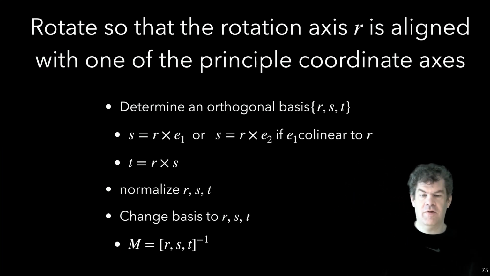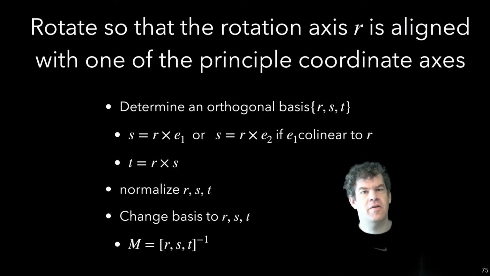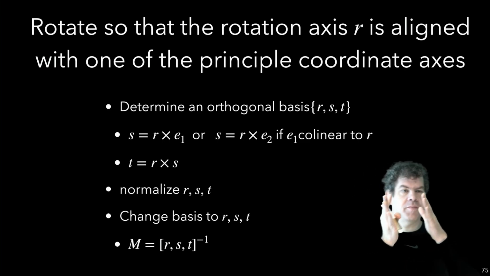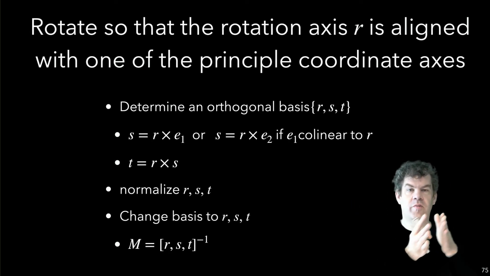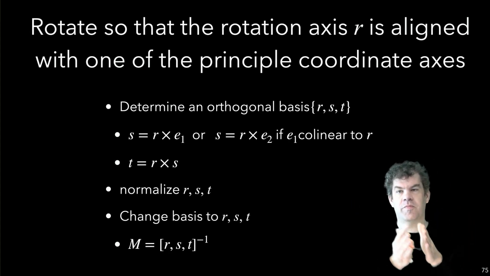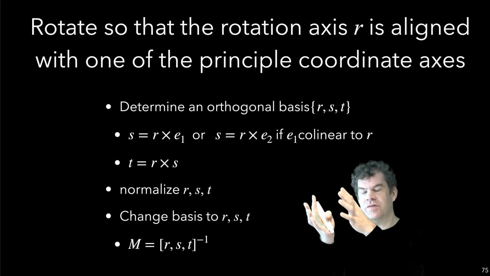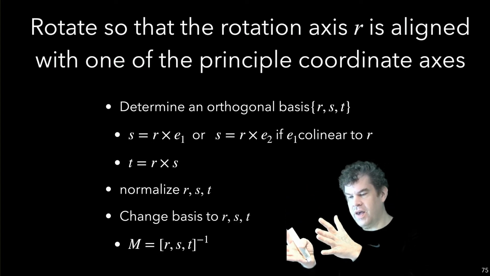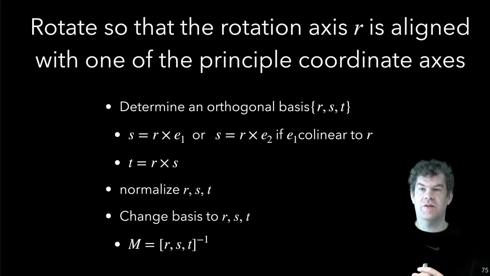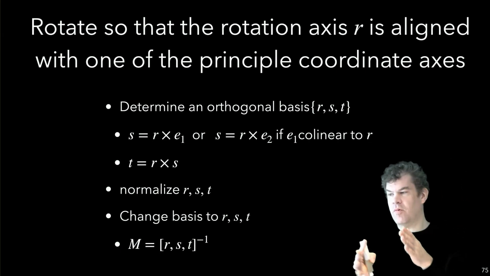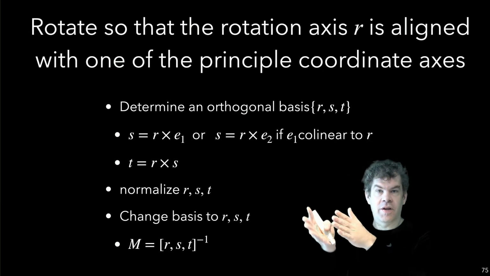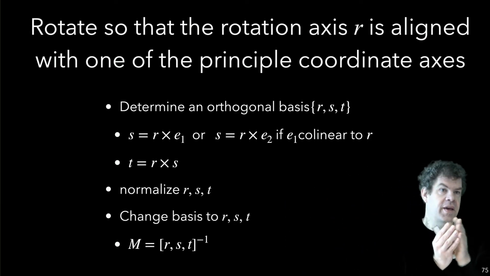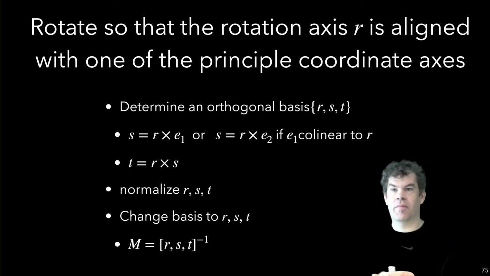Whoa. What is that supposed to mean? What is a base change? Remember when I presented the slides that map P1, P2, and P3 to Q1, Q2, and Q3? That's a base change. I built a matrix that changes vectors in one space to vectors in another space. And now I want to change vectors in E1, E2, E3 to RST space. Okay, what do I do? I multiply them.